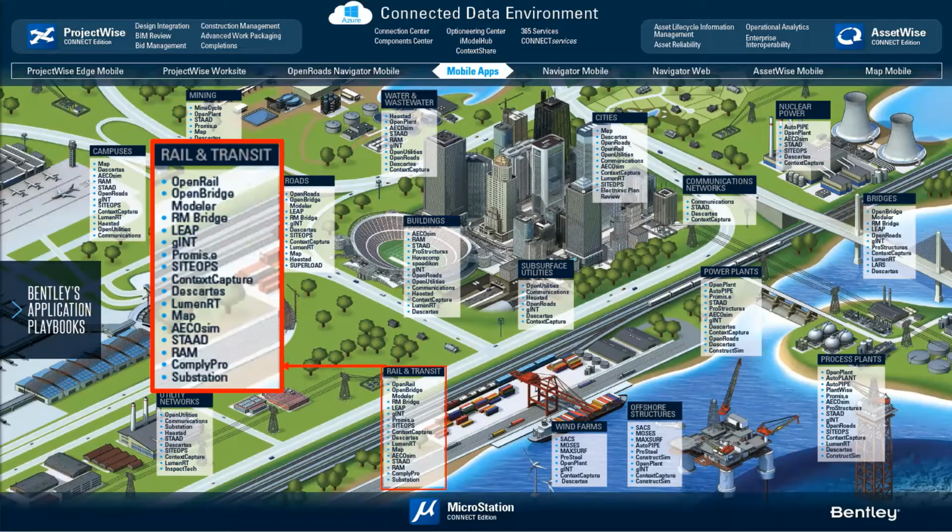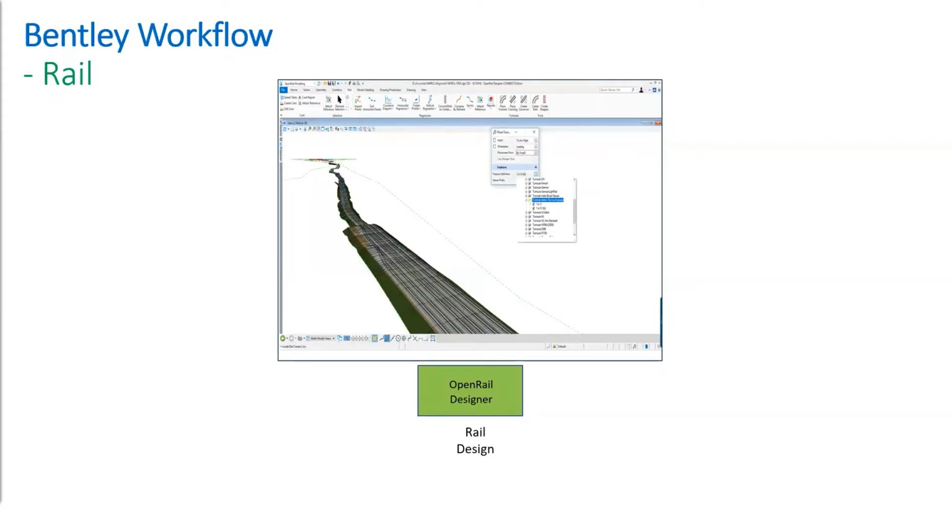Don't worry about the number of products, because you may need only one of them for the type of project that you're covering. In Bentley, we advocate the use of workflow. Workflow means that the data from one software can be shared and interchangeable with other software.